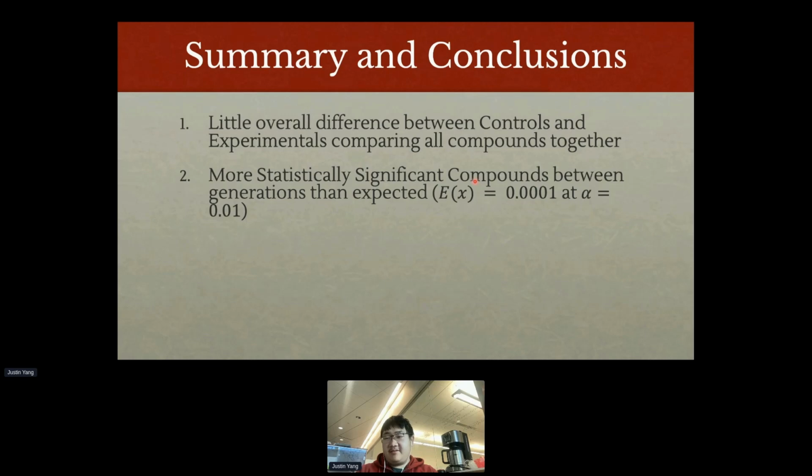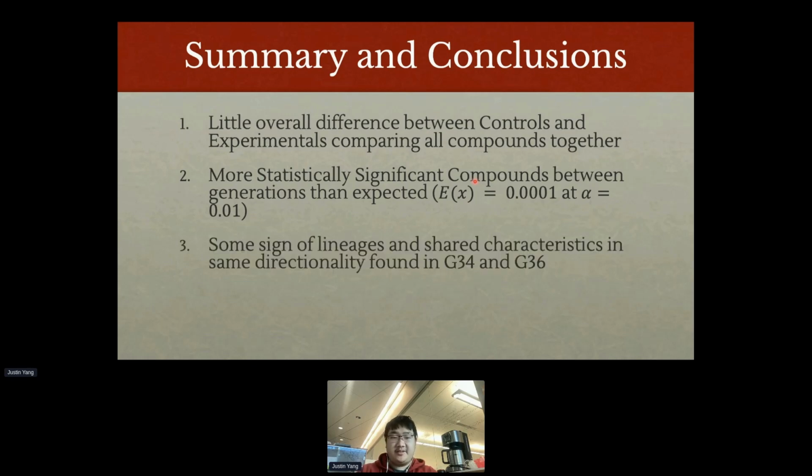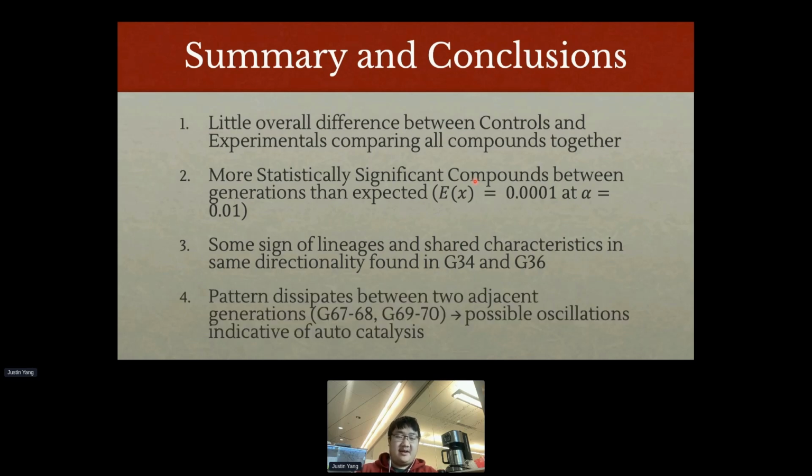The 7 that were identified out of the total of 13,000 was about 5 times bigger than the expected value at alpha 0.01. Three, there are some signs of lineages and shared characteristics in history, by the same directionality found in 34 and 36. And lastly, that the pattern dissipates between 2 adjacent generations, and these possible oscillations are indicative of potential autocatalysis and some interesting nonlinear chemistry.